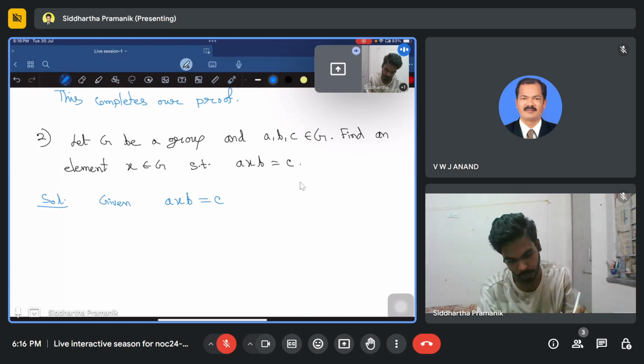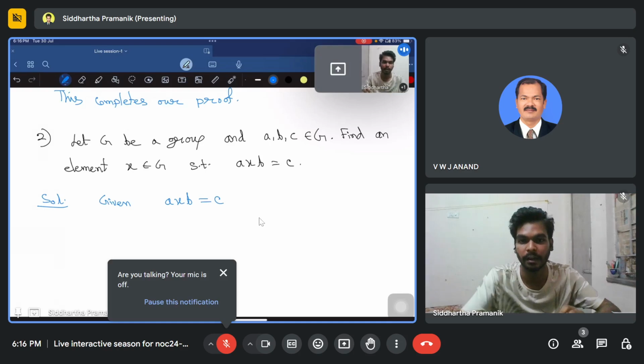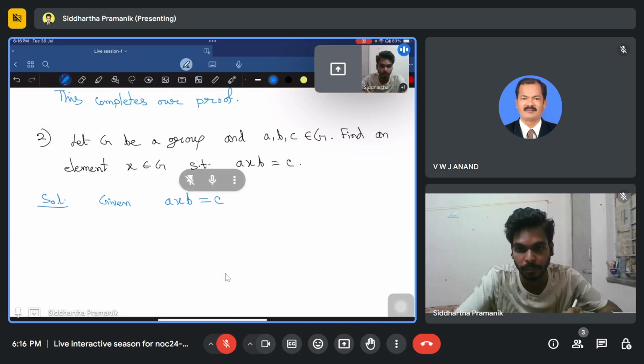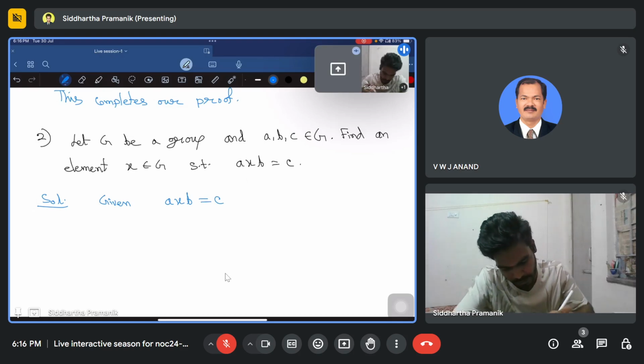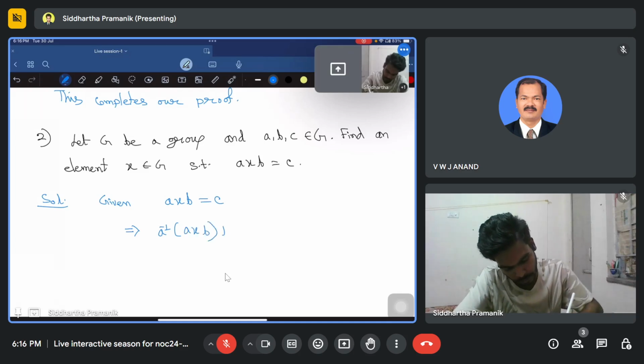So what we will do, we will multiply A inverse from the left and we will multiply B inverse from the right. Okay, let's see what happens here. This implies A inverse XB times B inverse equals A inverse C B inverse.